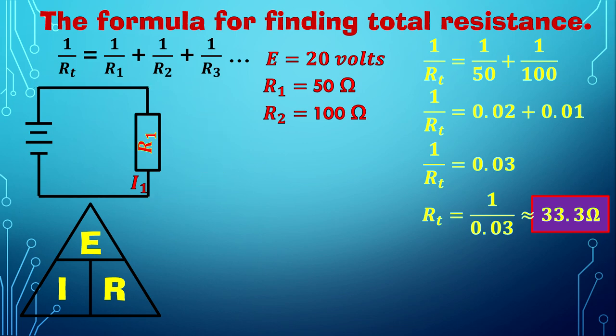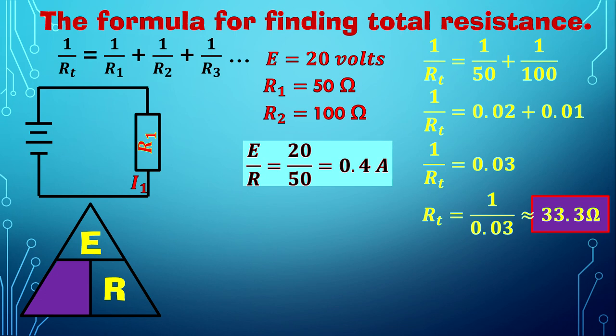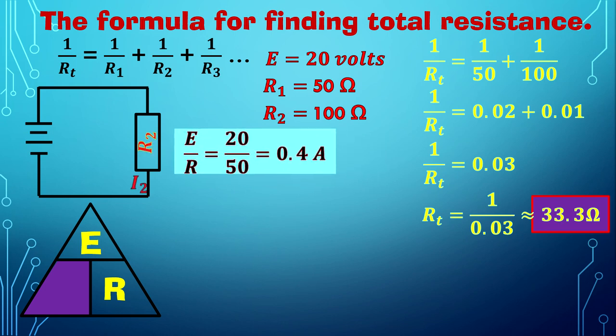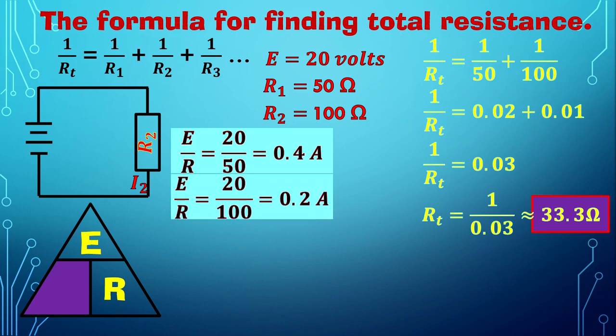Now I can find the current for each branch. And we're doing this, it's like just calculating a simple series circuit with one resistor. Okay, so with that first branch, I just take my 20 divided by 50, my E over R, and I get 0.4 amps. Then for the R2, 20 divided by 100 is 0.2 amps.